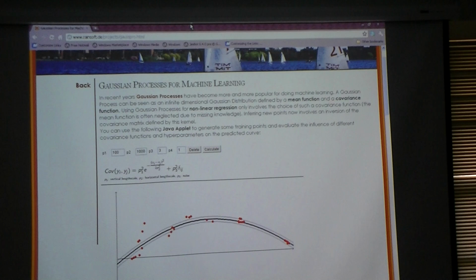What else? Yeah, there are some interesting operations on kernels as well. It turns out that given two kernels, you can combine them to get a new kernel. You can take a linear combination of kernels. I think you can even multiply kernels.